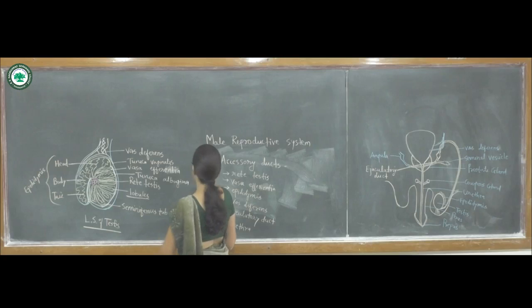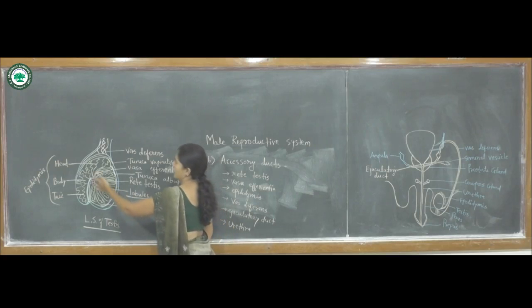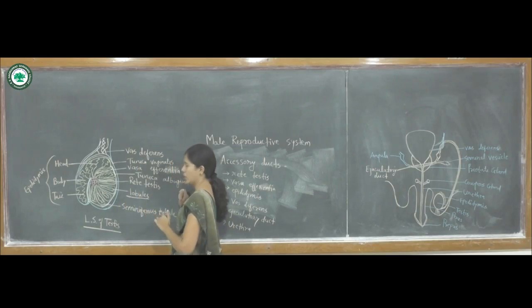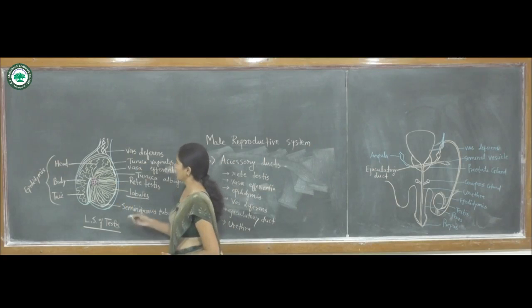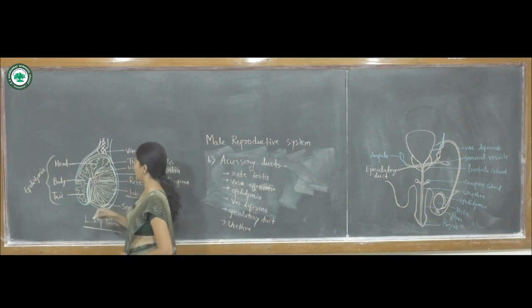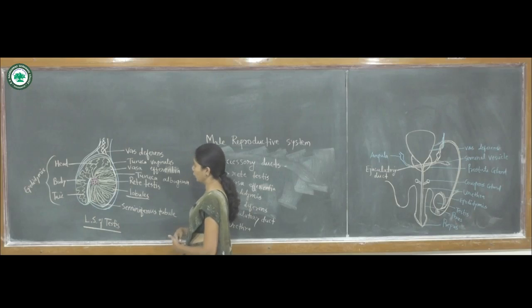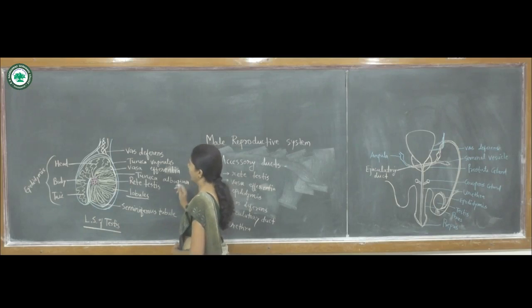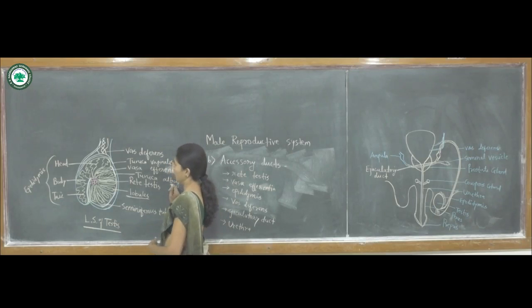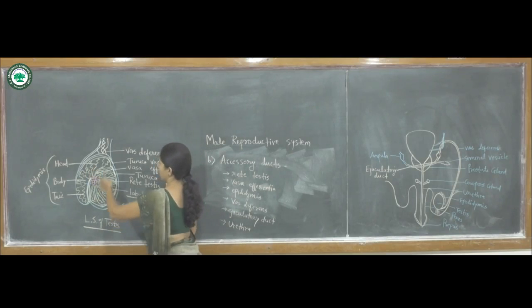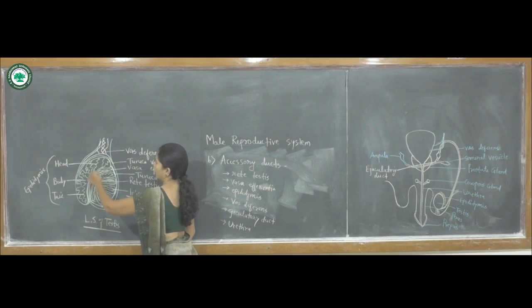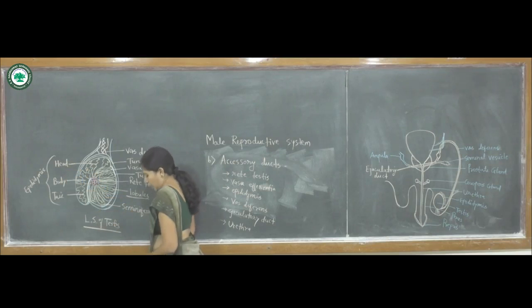From the rete testis, the vasa efferentia is produced. It is a thin tube. The vasa efferentia is continued to, and connected to, the epididymis.